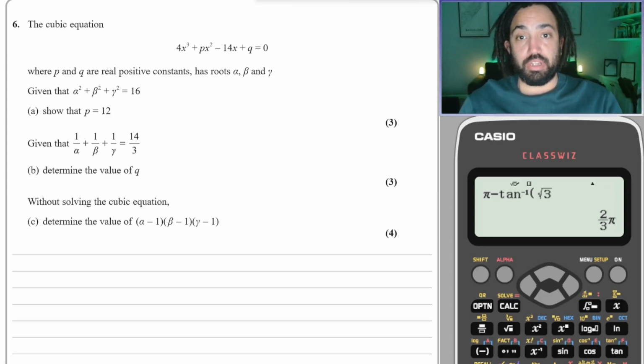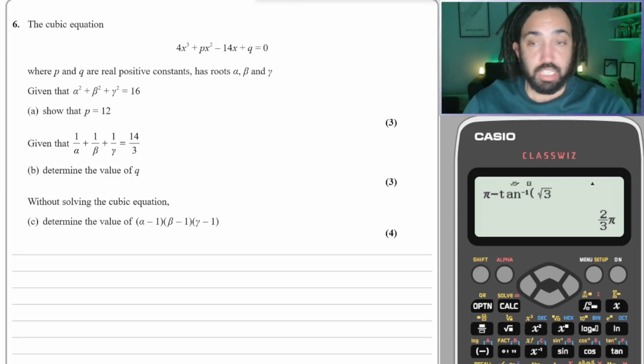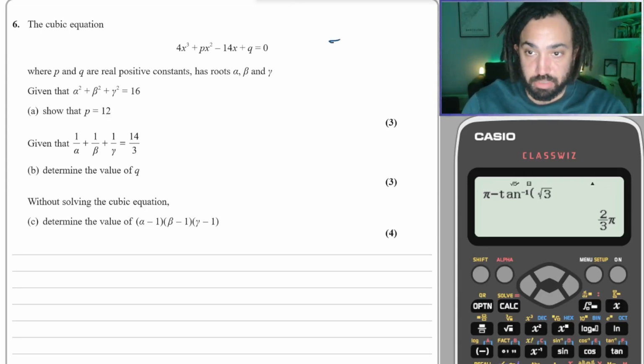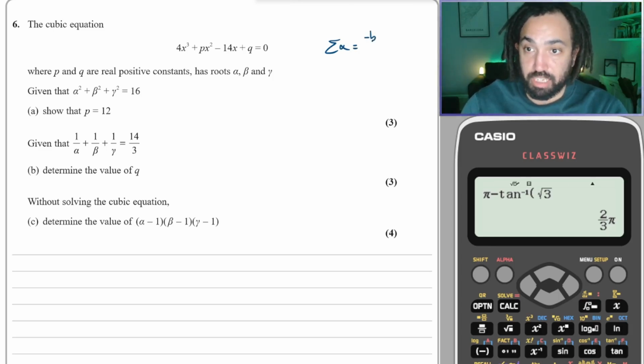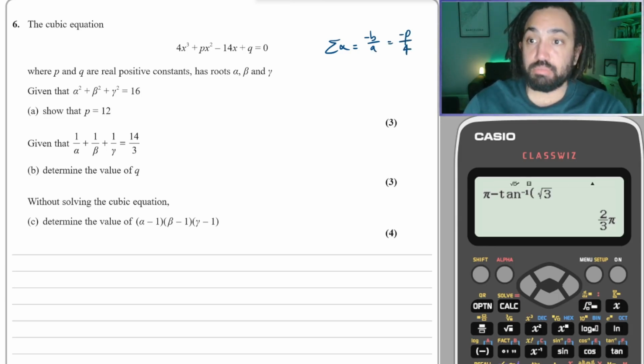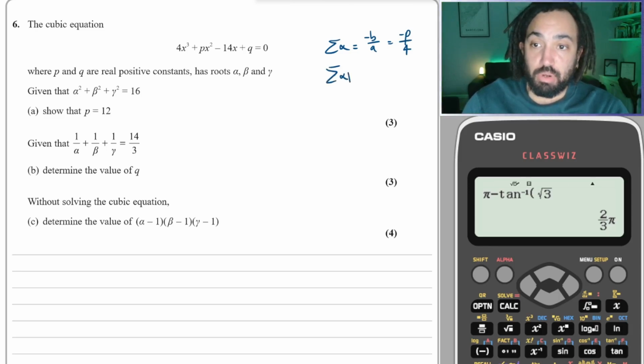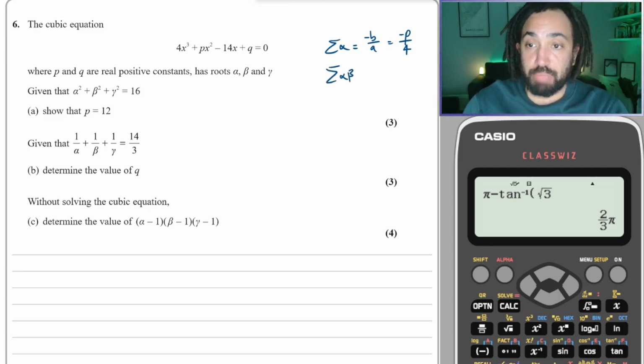Roots of polynomials. Okay, so before we get started, it's important to know that the sum of the roots is minus b over a, which in this case is going to be minus p over 4. The sum of the roots paired is equal to c over a, which in this case is minus 14 over 4.